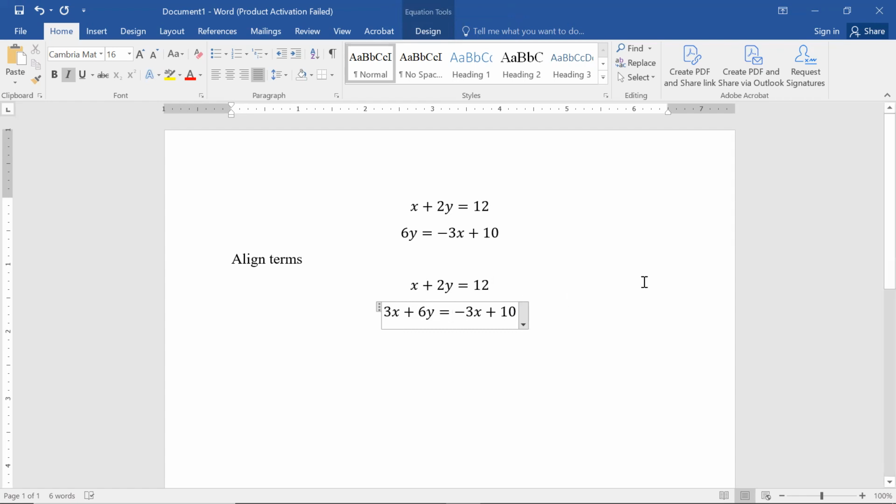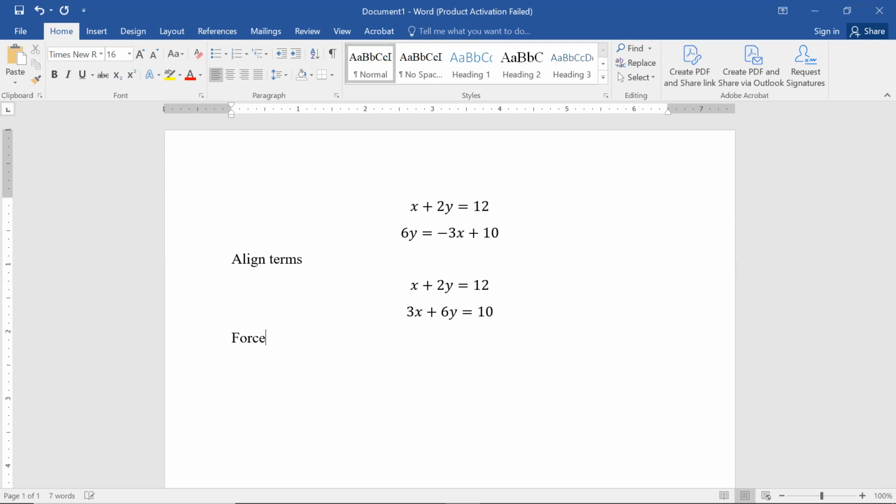And on the right-hand side, if I add 3x, that will eliminate the 3x on the right-hand side. So I end up with a pair of equations that are x plus 2y equals 12 and 3x plus 6y equals 10.